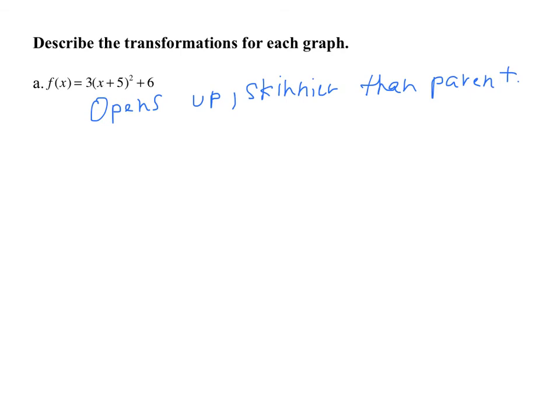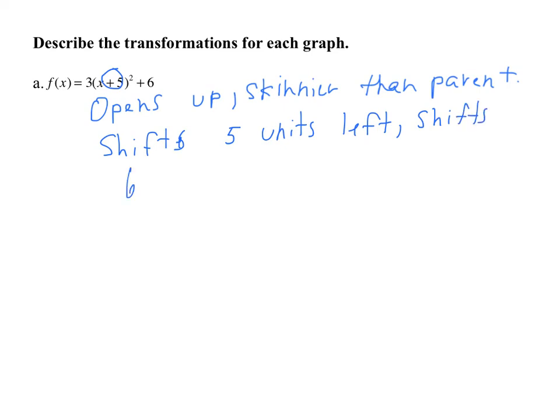Then I'm going to look at the h, and I'm going to notice that it's a plus h here. So we know that the parent gets shifted 5 units to the left, and it's also getting shifted 6 units upward, or up, because of the plus 6.